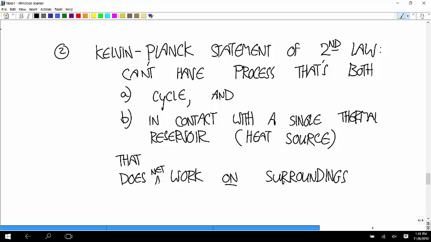Okay, so you could hook up a heat engine, put a fire underneath it and rig it up in a way that it does work for a while, but it wouldn't be a cycle. In other words, the temperature of the system would have to be increasing the whole time. Okay, so it's not a cycle. The state of the system would be changing.